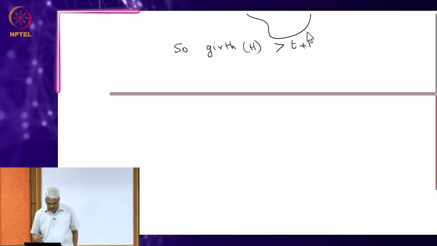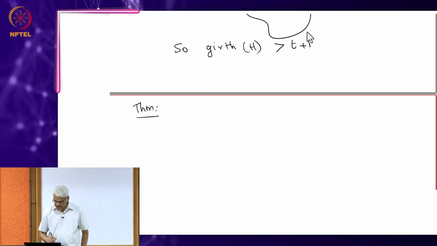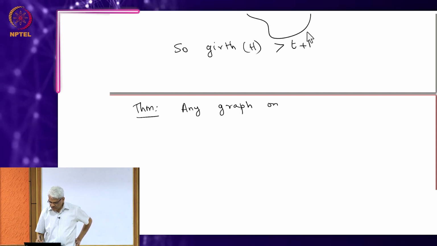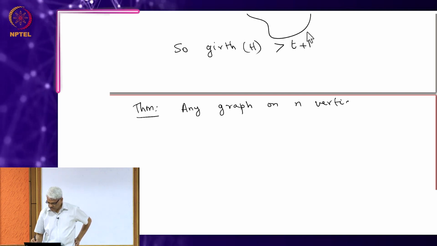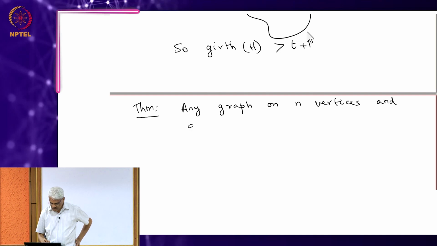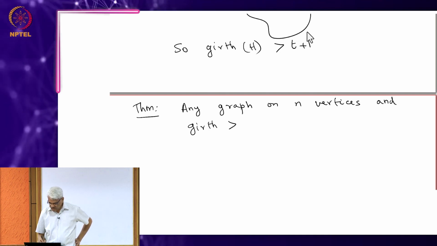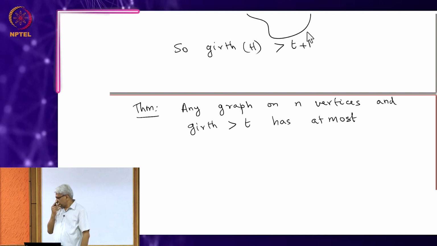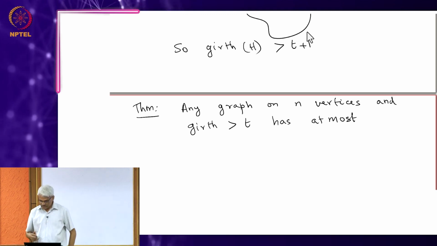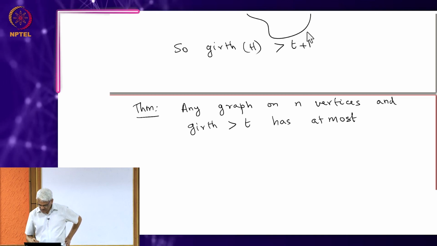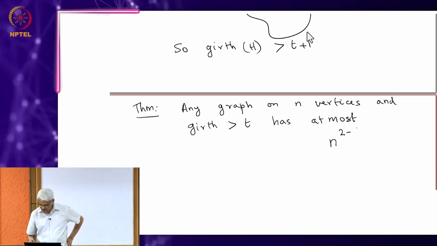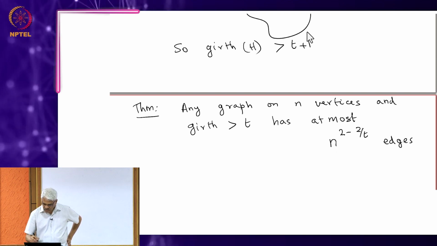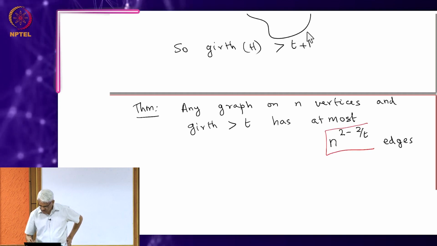Now, there is an interesting theorem in graph theory, which will be left as an exercise: any graph on n vertices and girth more than t has at most n to the power of 1 plus something like 2 by t edges.